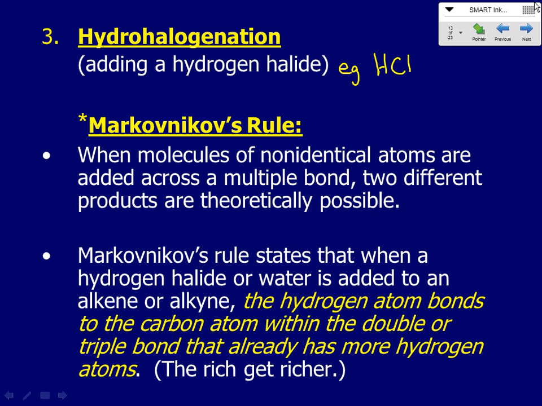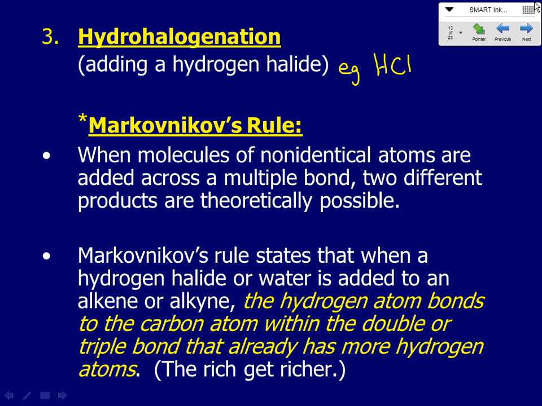Markovnikov's rule is pretty straightforward. Essentially, if the thing that you're adding has hydrogen and something else, the hydrogen will go on the carbon that has the most hydrogens. So, another little saying: the rich get richer.